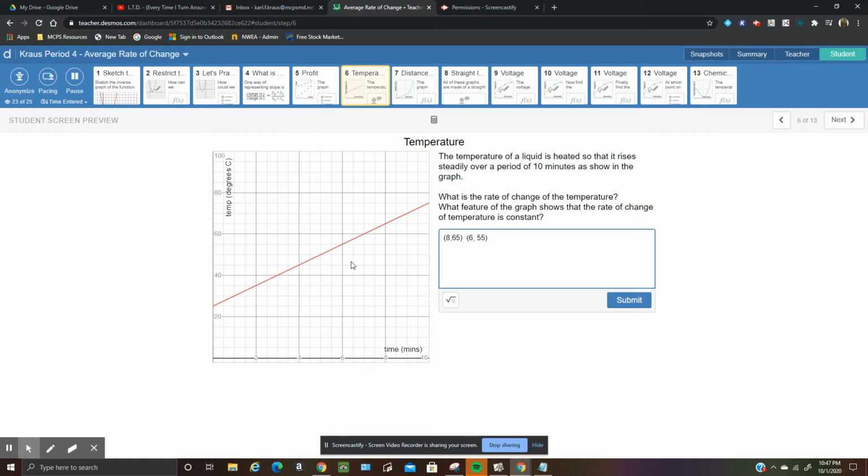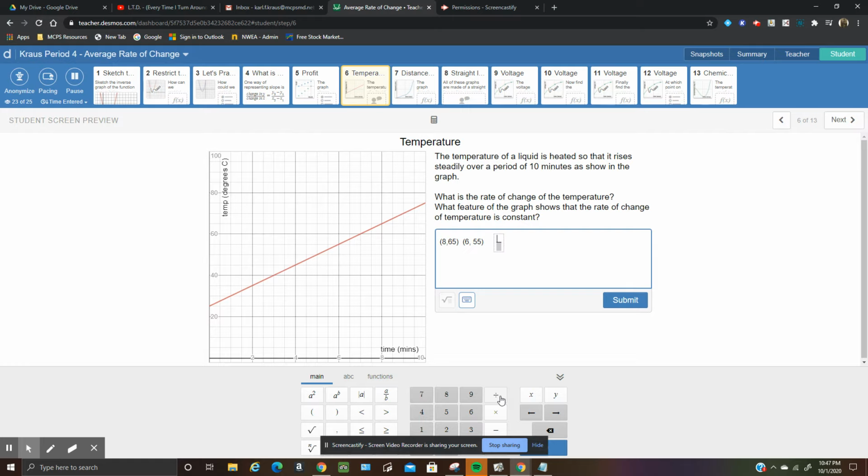So the rate of change, or slope, would be 65 minus 55 over 8 minus 6.